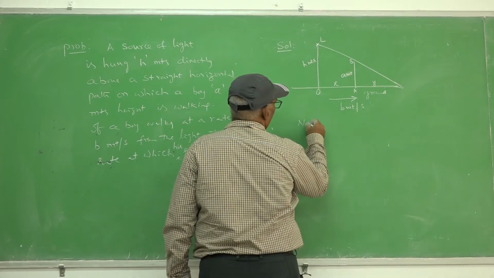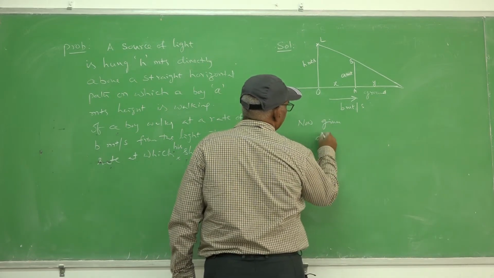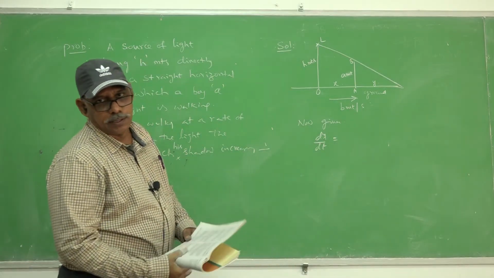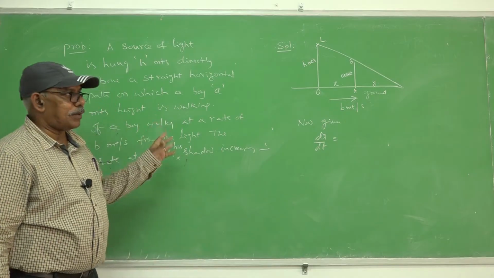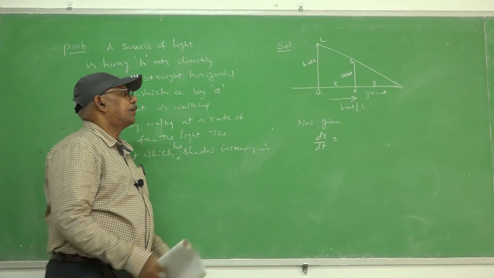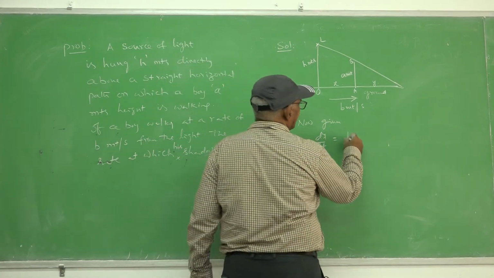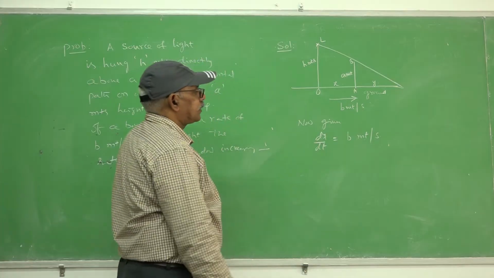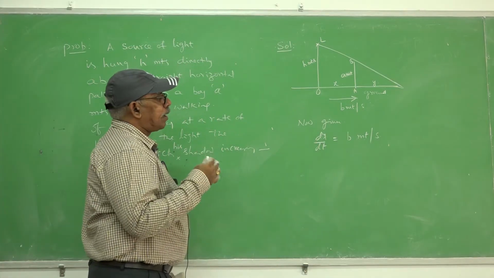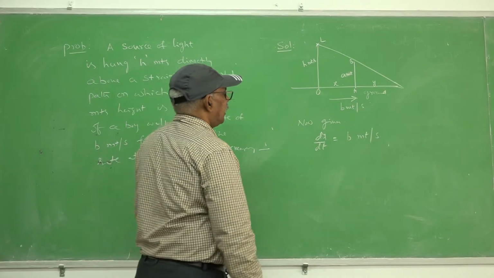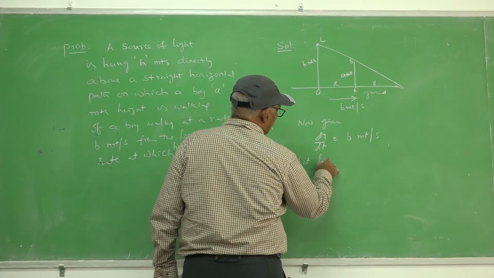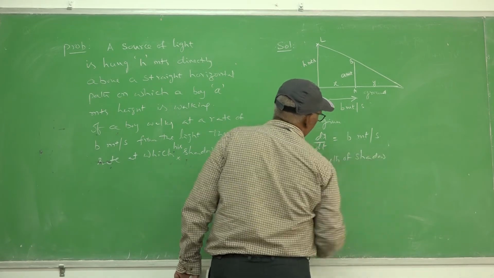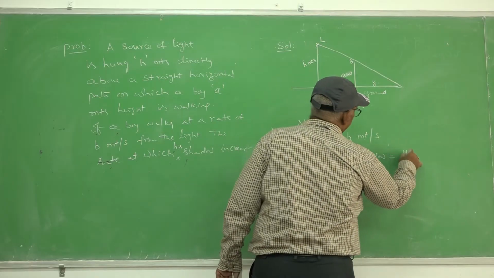Now, given dx by dt, the rate of change in x, the distance covered by the boy from the lamp post, is b meters per second. This is given. The rate of change in x is b because he is walking away from the lamp post at that rate. Let the length of the shadow be y meters.